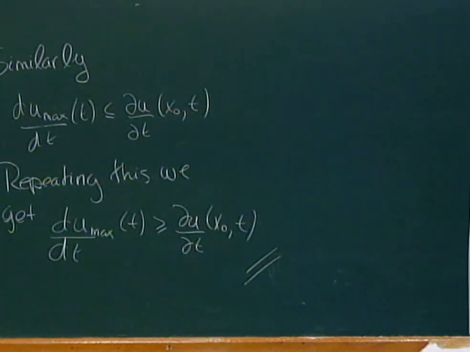Anyway, I'm going to be using this all the time, sometimes with the maximum and sometimes with the minimum. You will see how I'm going to use it in the next theorem.